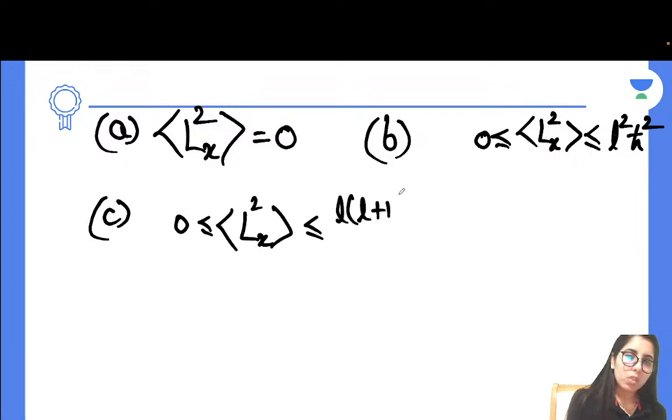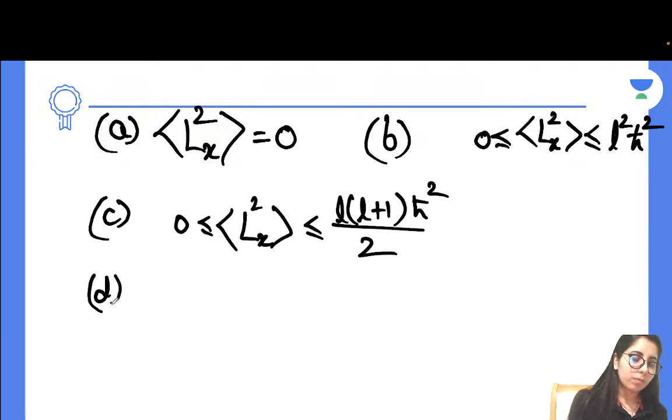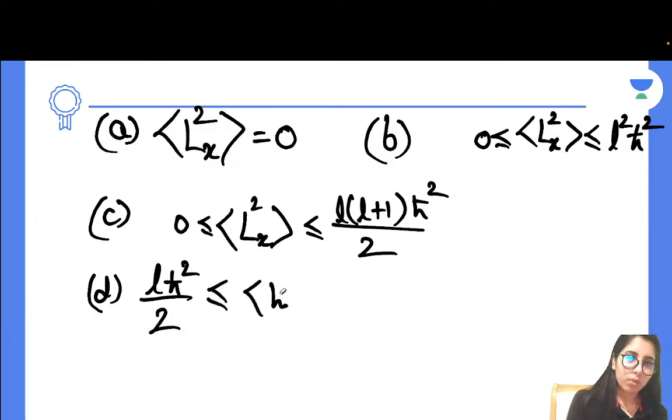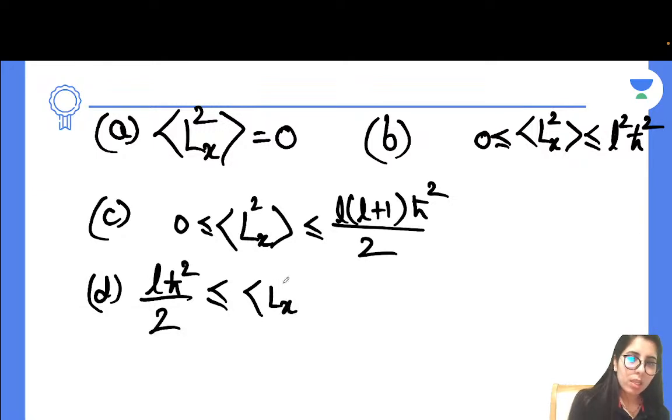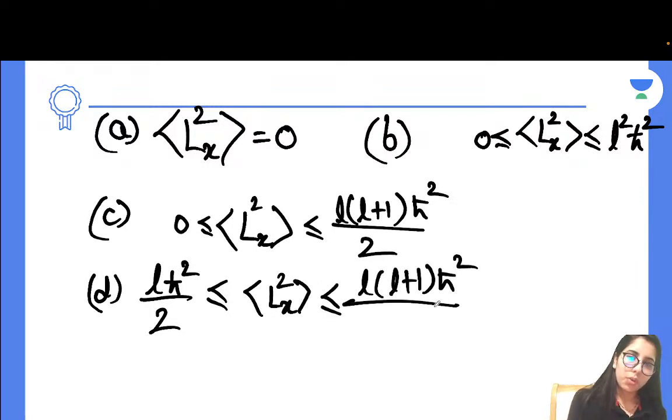L times L plus 1 h square over 2, L h square over 2, Lx square, L times L plus 1 h square over 2. These are the different values they have given us.